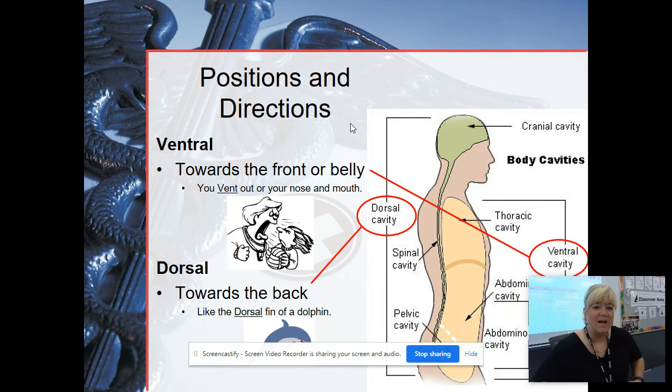It's not the same side. On a person that's standing up, your head and your belly are in line with each other. But in an animal, it's different. Their head is more anterior, and then they have a ventral side, and then they have a posterior side, which is the tail end, and then their dorsal side on their back, like a dorsal fin on a shark, is their back side. So there are 4 different directions on a 4-legged animal.